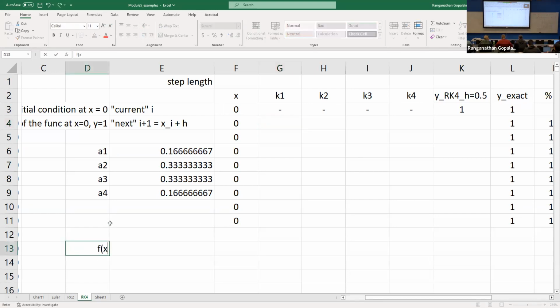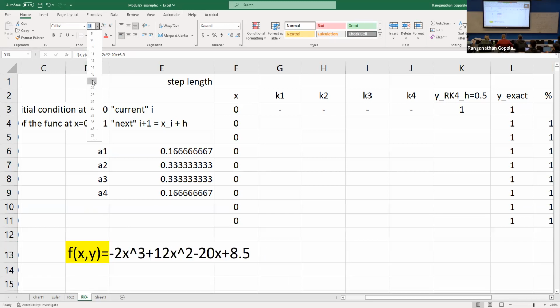Our function f of x comma y, in this case, doesn't depend on y, it just depends on x, and is equal to minus 2x cubed plus 12x squared minus 20x plus 8.5.